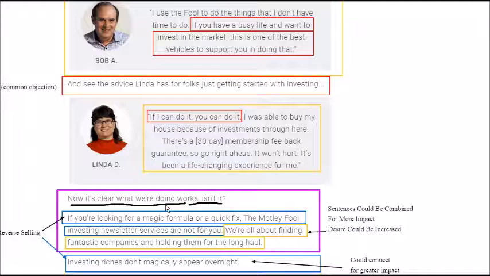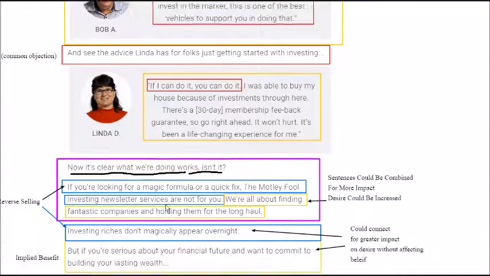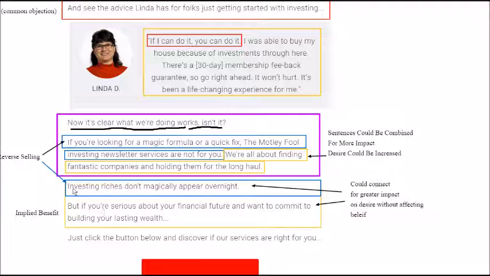So what I would put here, because this can also be, investing riches don't magically appear overnight, but if you're serious about your financial future and want to commit to building your lasting wealth, they could connect this with Motley Fool by saying something like, investing riches don't magically appear overnight, but with the Motley Fool they can happen over time with smart investing using our strategy. So tying into that strategy thing again.